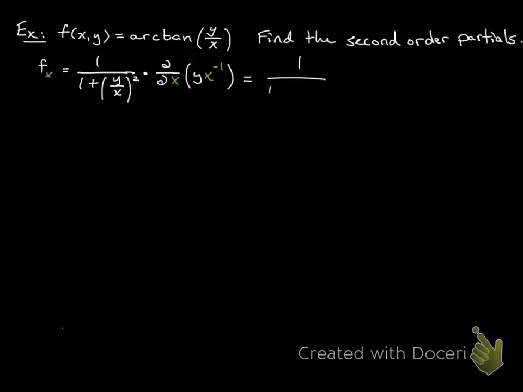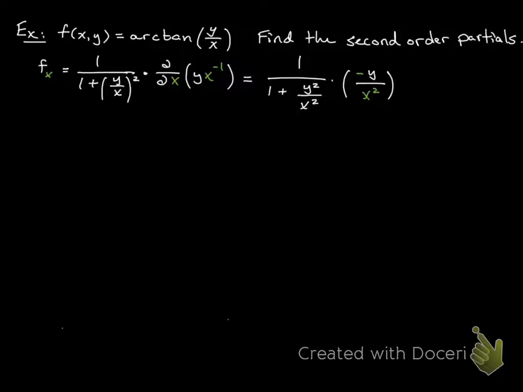So I keep this quotient the same. I'm going to square y and x here. Multiply that by, when I take a partial with respect to x, that should be minus y times x to the -2, or x squared in the bottom, right, in the denominator. Okay, that's the derivative of x to the -1 with respect to x. Simplify just a little bit, because I need to take second partials from the first partials.